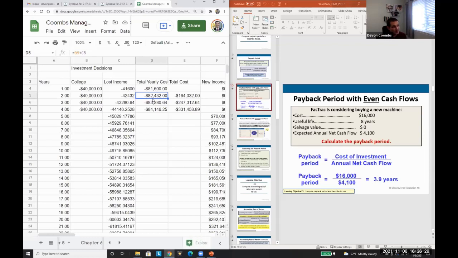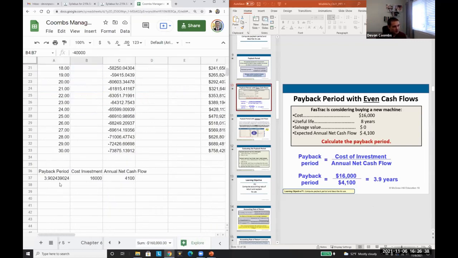If we did it using this math, this is oversimplified. I'll give you the more complex version. If we use the college example, our cost of investment is 160,000.